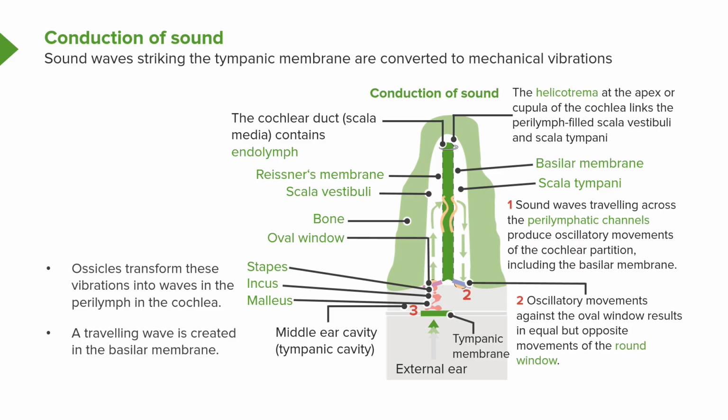And so the basilar membrane starts to vibrate. And depending on the frequency of the sound, it will vibrate at various locations. It will be displaced. And the maximum displacement location will represent the frequency of that sound. And there will be different places for the maximum displacement depending on the different frequencies of sound. And that allows us to discriminate sound frequencies.